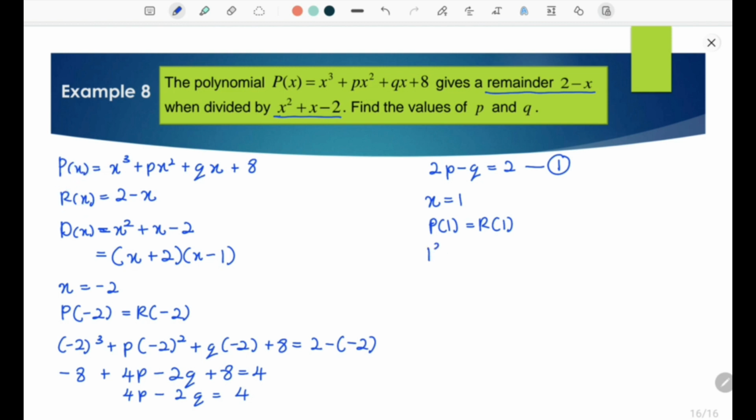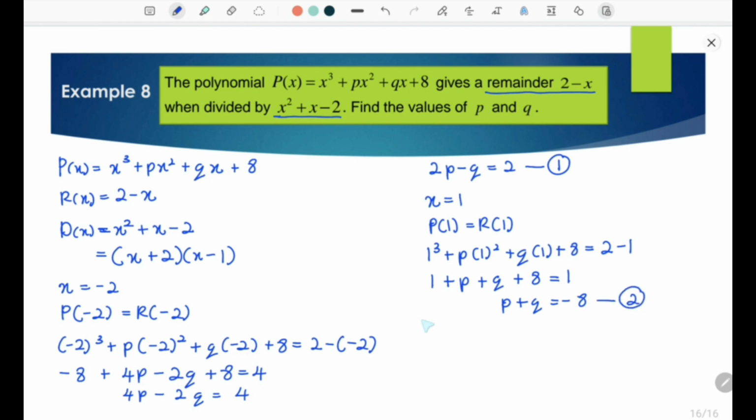So we have 1 cubed plus p times 1 squared plus q times 1 plus 8 equal to 2 minus 1. So I'm going to expand these equations. We have 1 plus p plus q plus 8 equal to 1. Next, we have p plus q equal to negative 8 as the second equation.